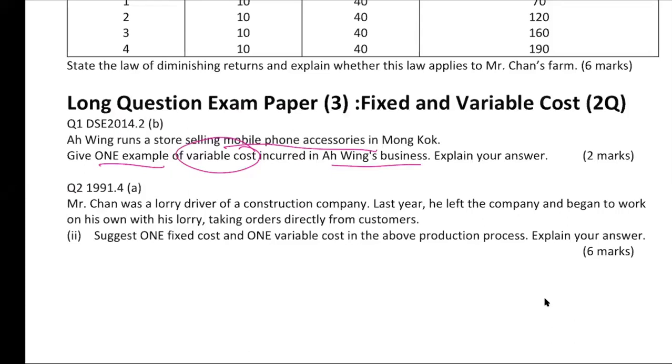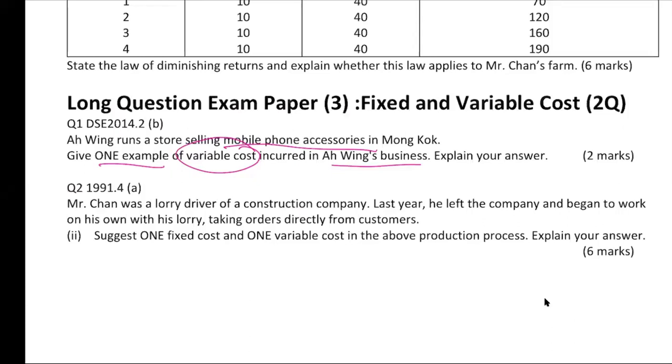The variable cost is the workers. Yeah, exactly, you fall into the trap. You need the workers, but the workers are a variable factor. The variable cost must be the cost, like the wages or the rent.